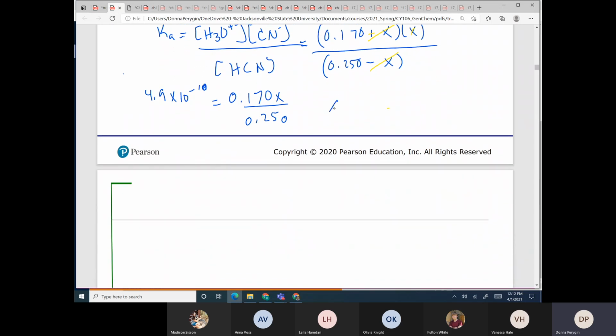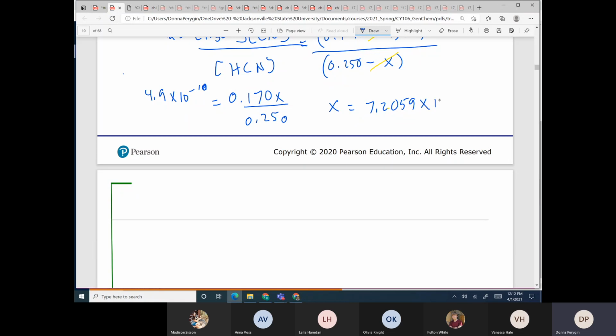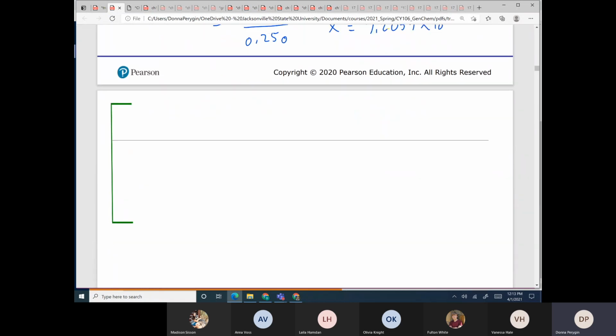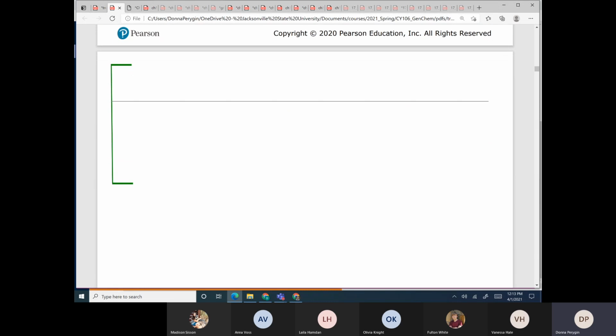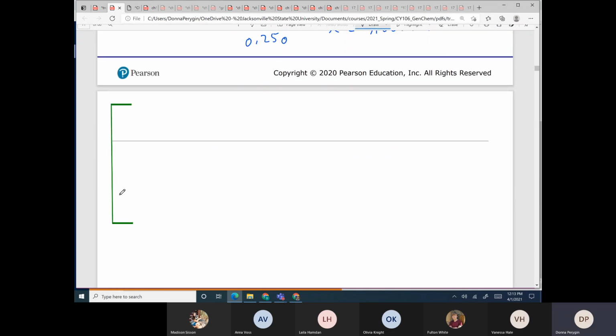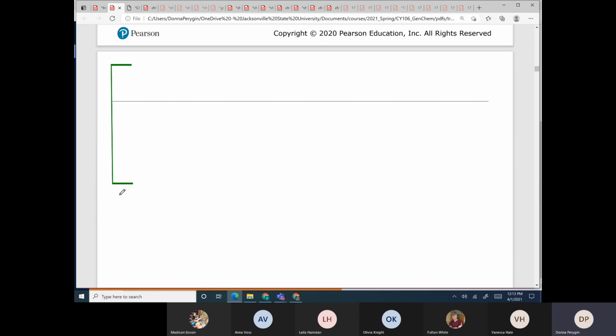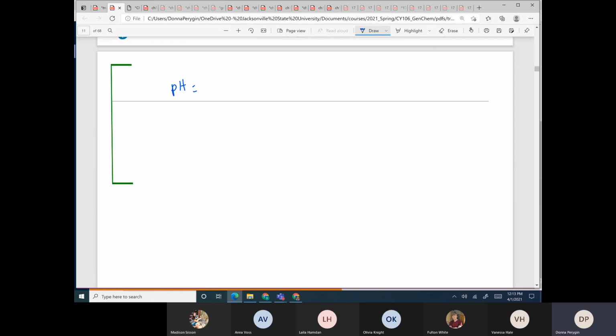All right, so x is equal to 7.2059 times 10 to the minus 10. All right, so the approximation is valid. I'm going to skip that confirmation step, and I'm just going to solve for the pH. The pH is equal to the negative log of the H3O plus, right?